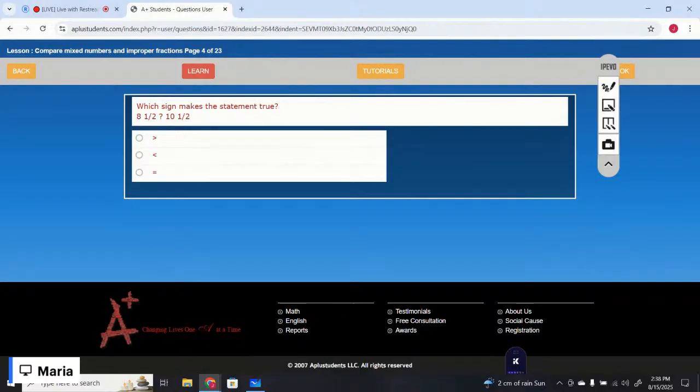Which sign makes the statement true? 8 whole 1 by 2 and 10 whole 1 by 2. So obviously 8 whole 1 by 2 is less than 10 whole 1 by 2.